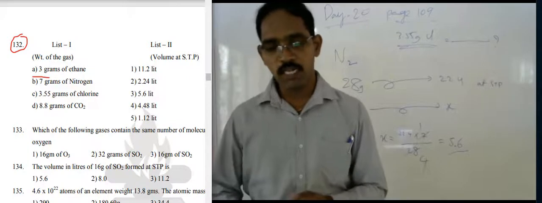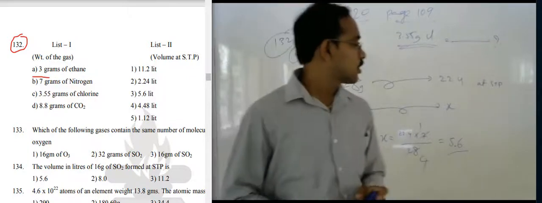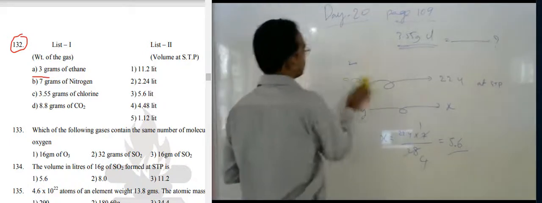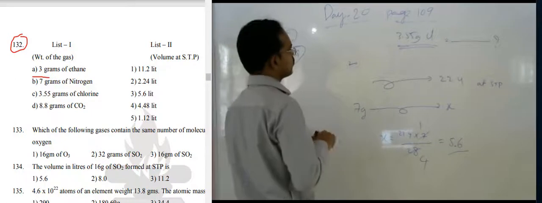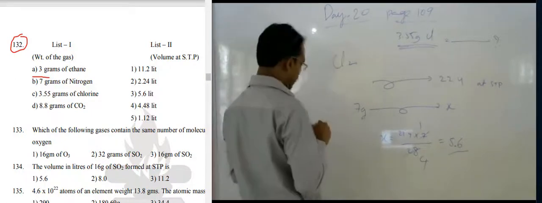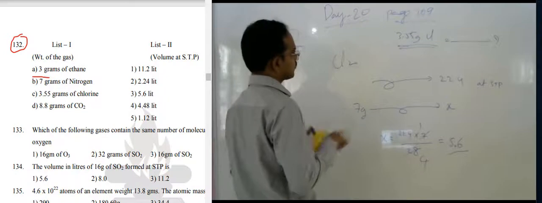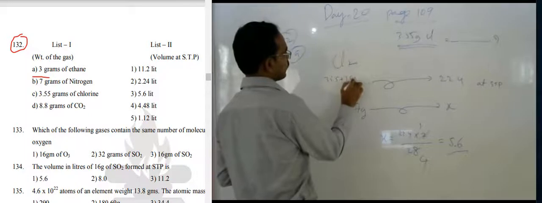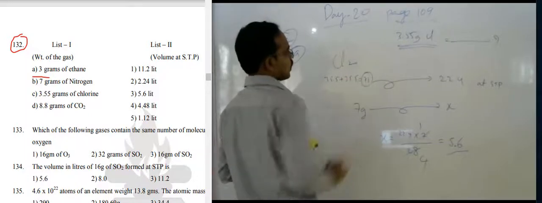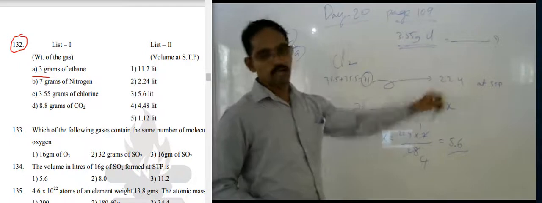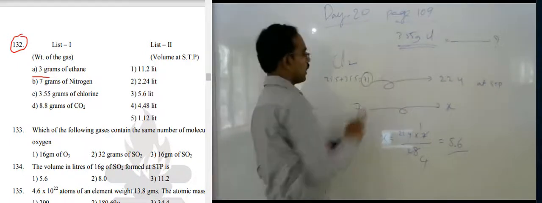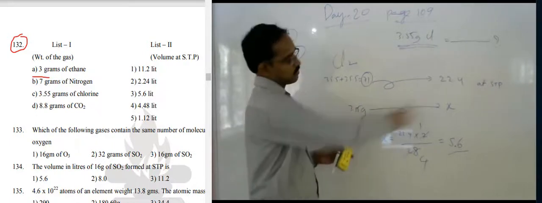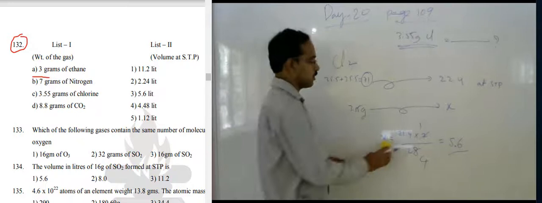Atom and molecule have nothing to do with this. Okay. So chlorine also is a diatomic, Cl2. Diatomic means each chlorine 35.5, that equals 71 gram. If 71 gram is there, 22.4 liter, we have only 3.55 grams. Just do the cross multiplication, you will get the answer.